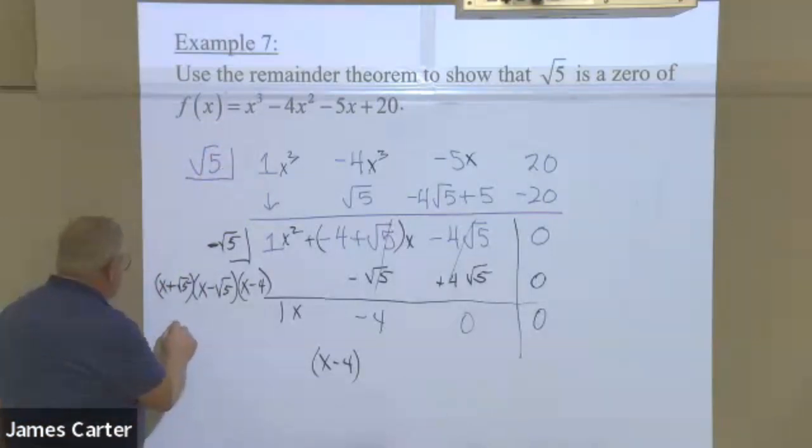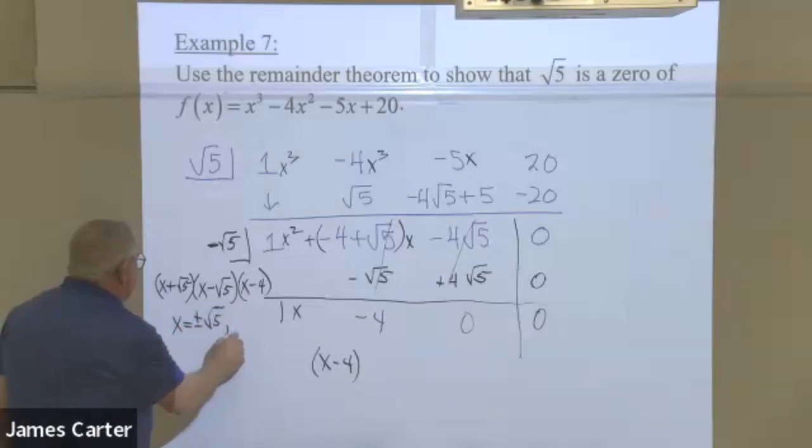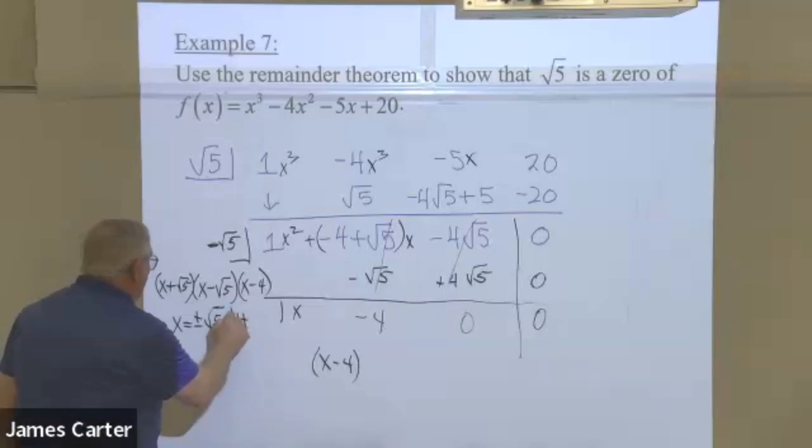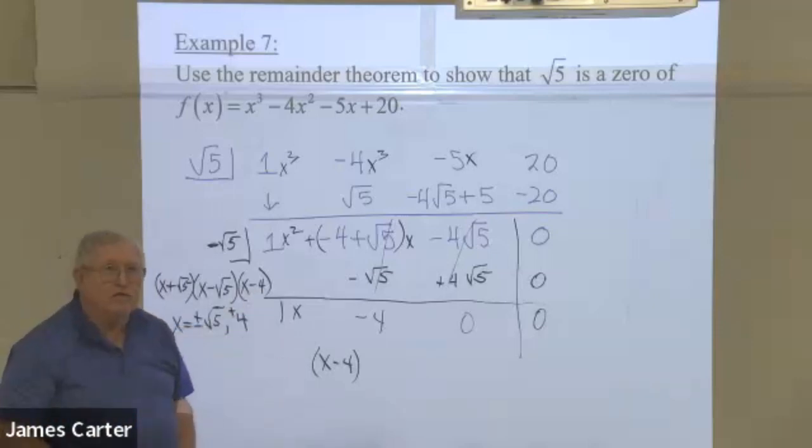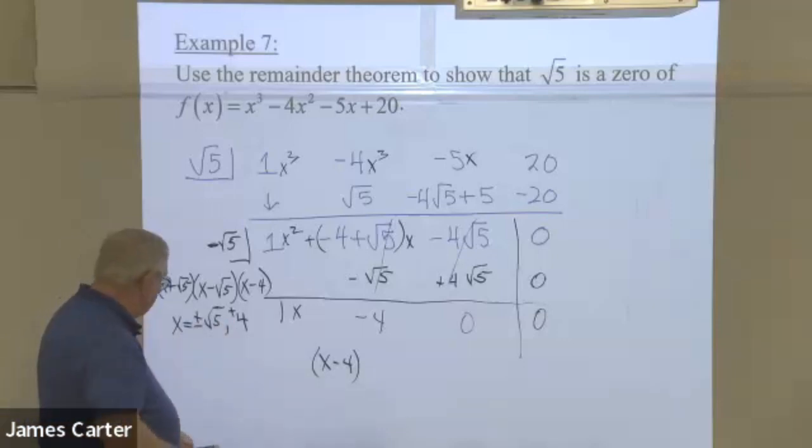The 3 solutions are x equals plus or minus radical 5 and x equals positive 4. Okay, so we found all of those zeros so we could graph this equation if we needed to.